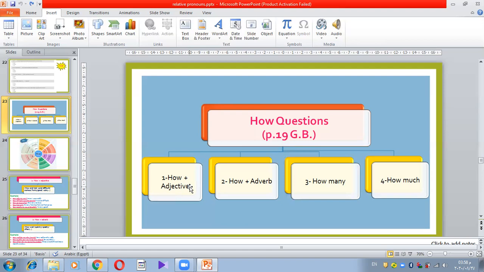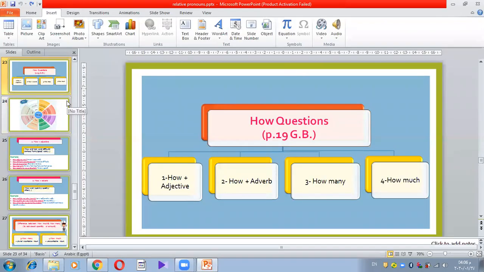You know 200 adjectives and adverbs? So you can make 200 questions. There are so many adjectives and adverbs in English, plus the how many and the how much. Of course, they are separate questions, as we said. And the adjective and its opposite, guys, as well. Don't forget.